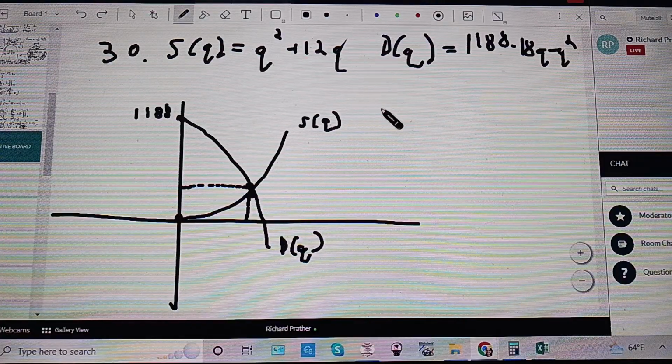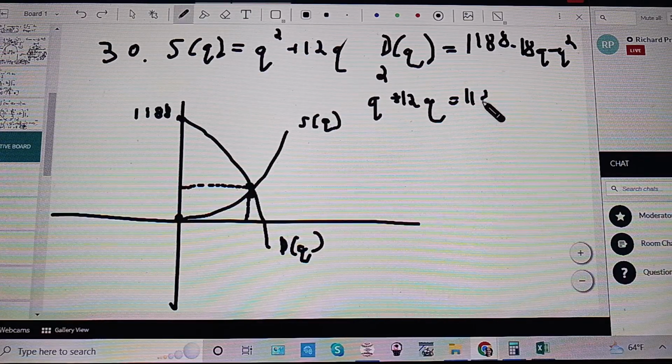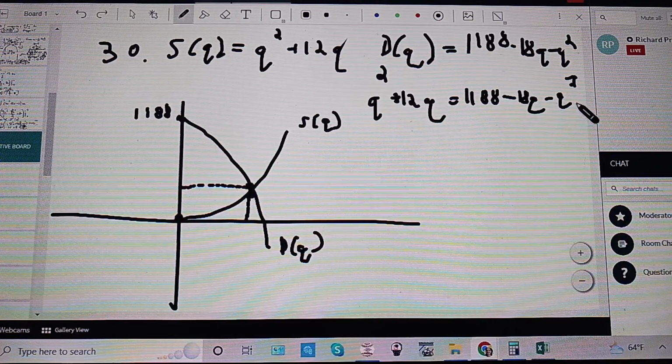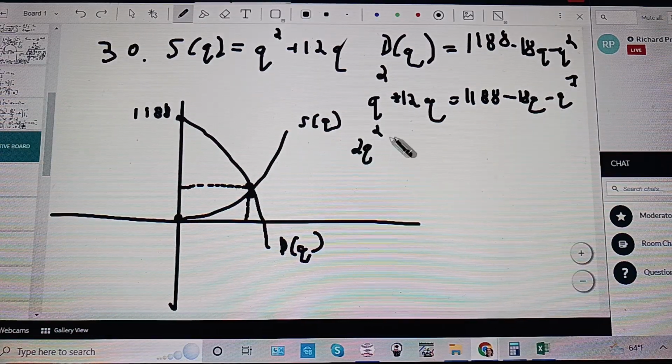The point of equilibrium comes from setting these two equal to each other. And you'll likely get a positive and a negative answer out of this, and we only care about the positive one. So add this q squared over to this side, you'll get 2 of them. Add this 18q over, you'll get 30.